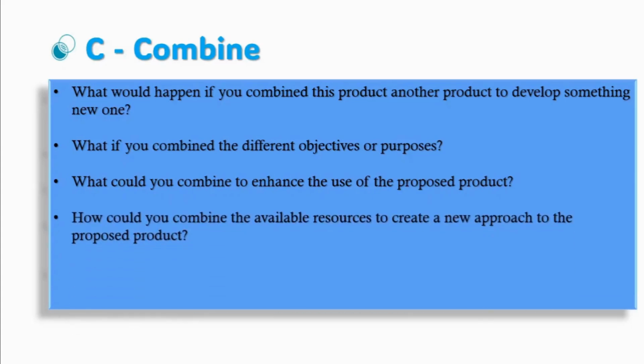How could you combine the available resources to create a new approach to the proposed product? And the last one, what can be combined, whether it's an idea, materials, or who is going to combine. So ultimately at the combine stage, you have to think about the objectives, materials, ideas, and ultimately the objective is to design a new product.